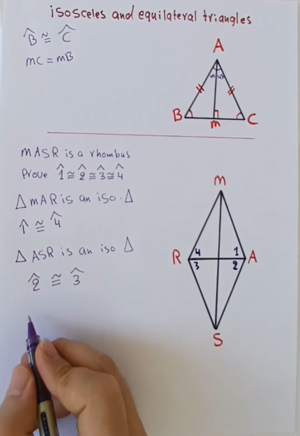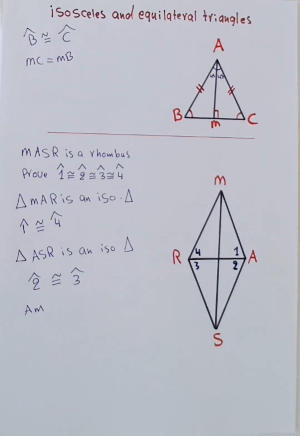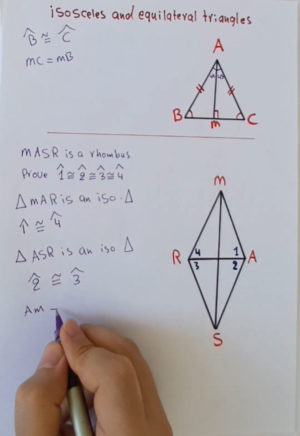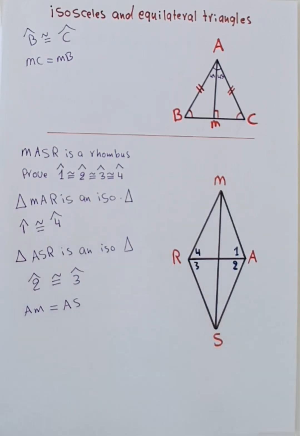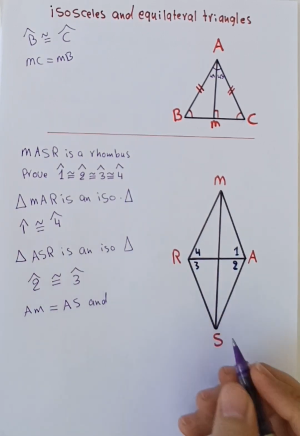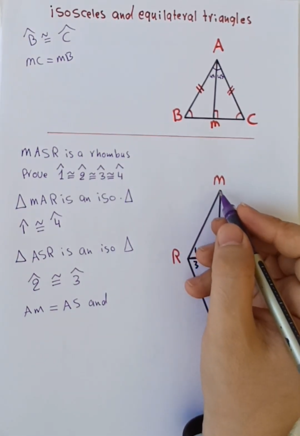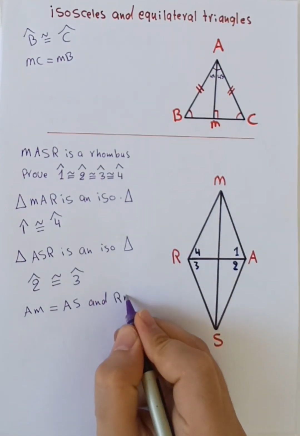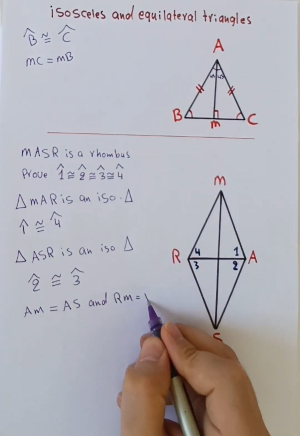After that, we can say AM is equal to AS, and MR or RM is equal to RS.